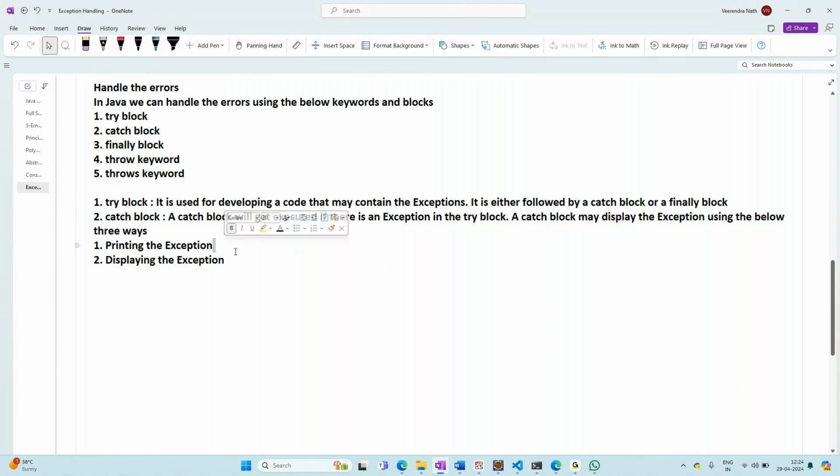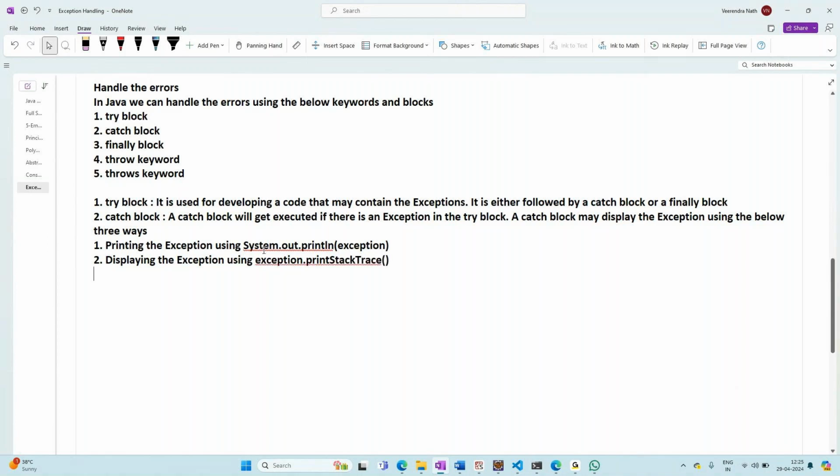Printing the exception using System.out.println exception. Displaying the exception using exception.printStackTrace.